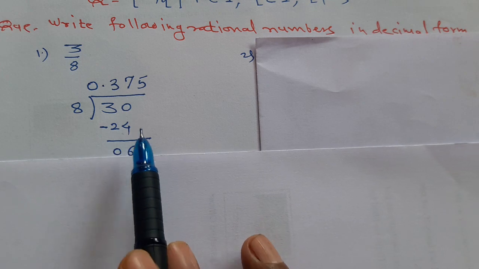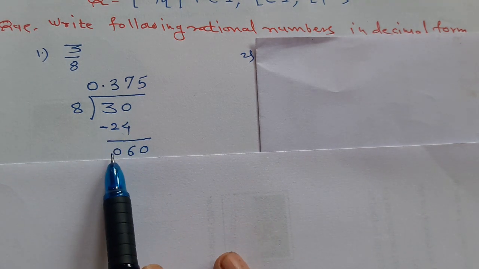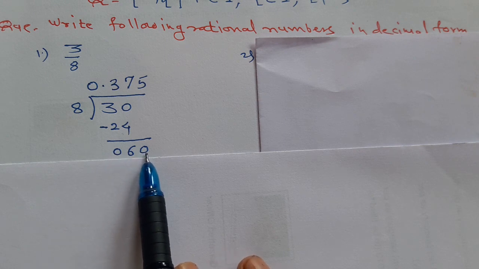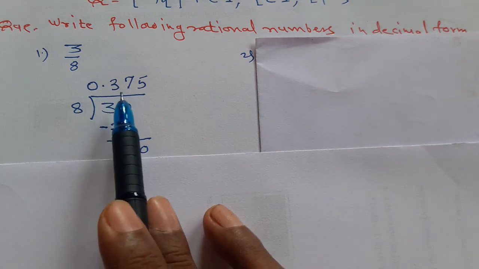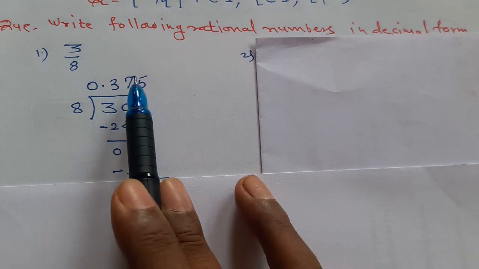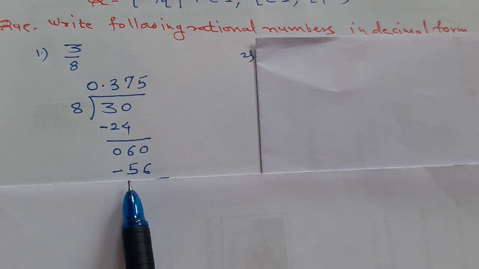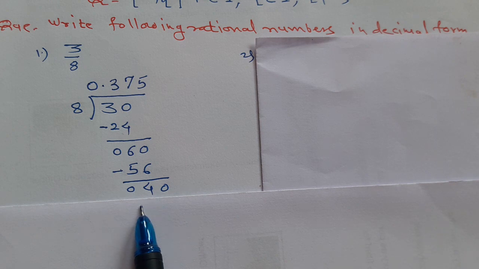Then the remainder is 30 minus 24, that will be 6, and we take another 0. 60 divided by 8, the answer will be 7. 8 multiplied by 7 is 56, and 60 minus 56, the remainder will be 4.